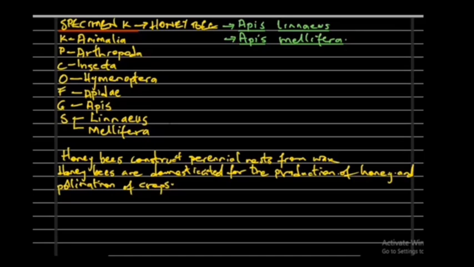Humans use beeswax in making candles. This is another use of the beeswax itself, not the bee. The beeswax, that is the comb that is made from the bees.